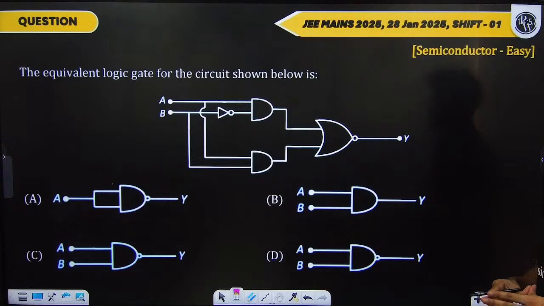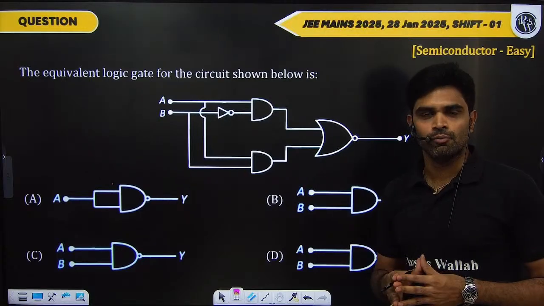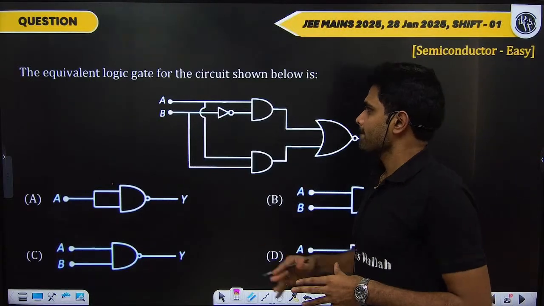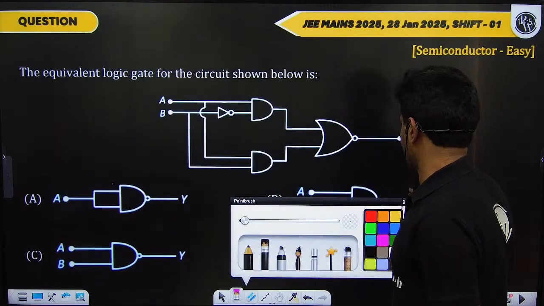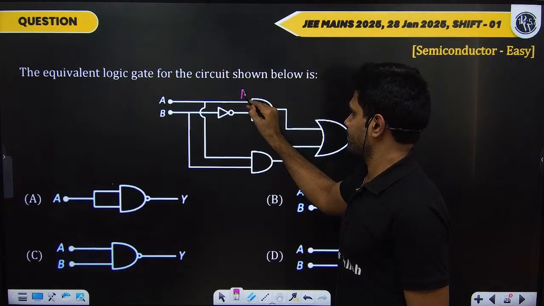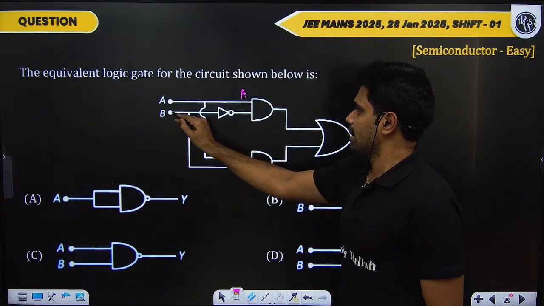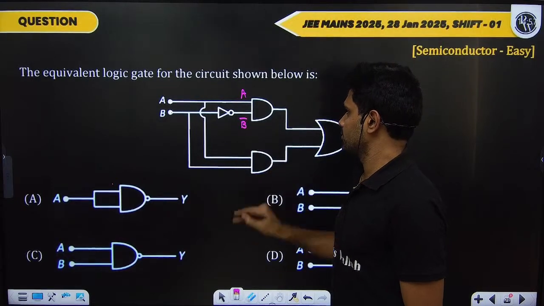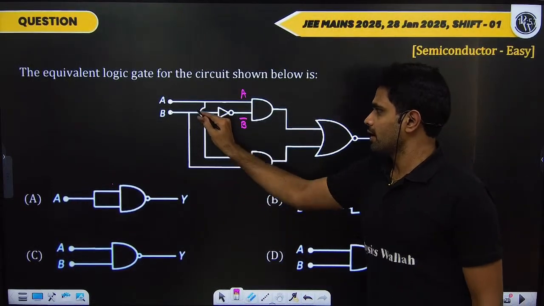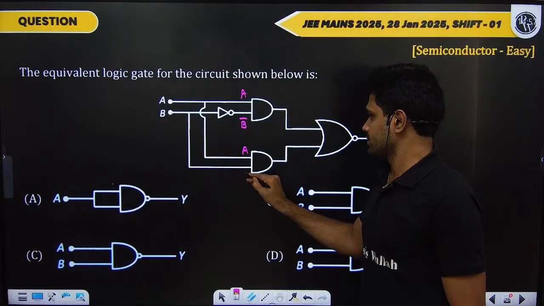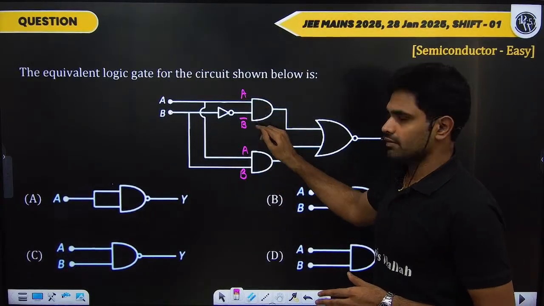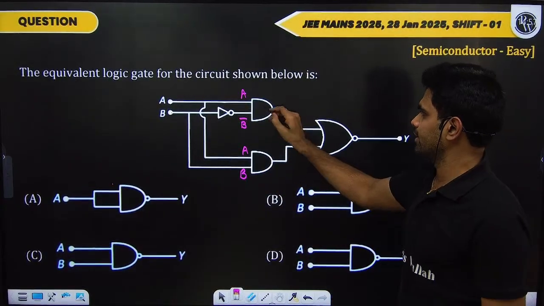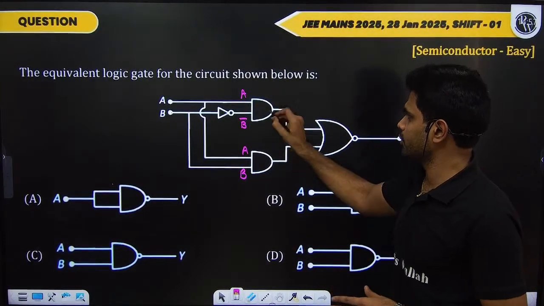Let us do it in Boolean algebra. This is easy actually. We have here A, B not, B not, again this is B. This is an AND gate operation.